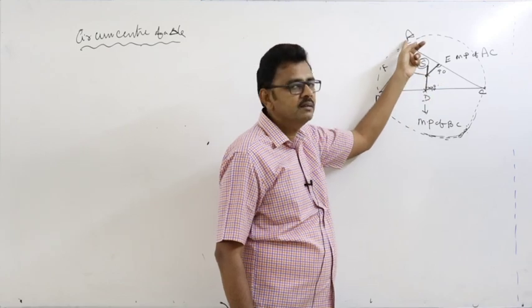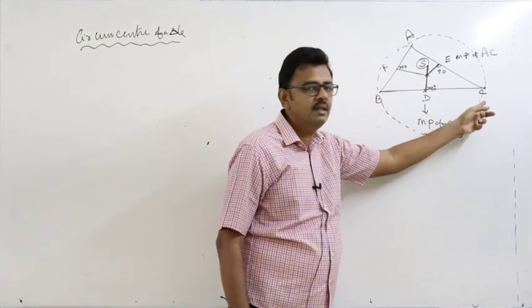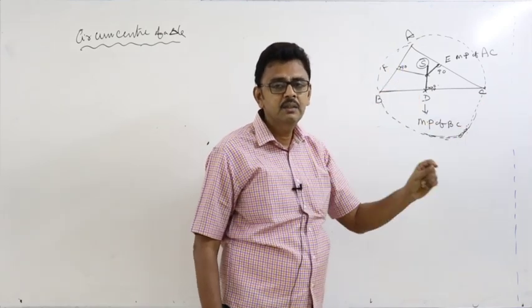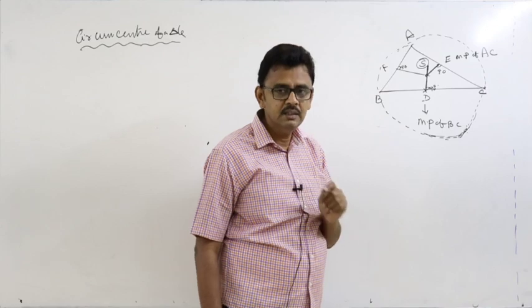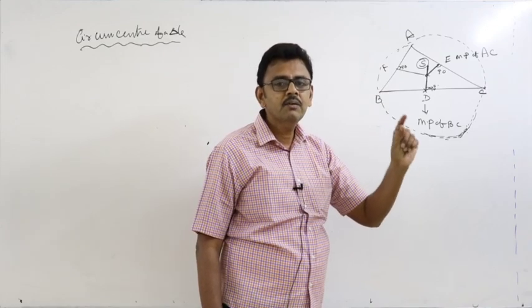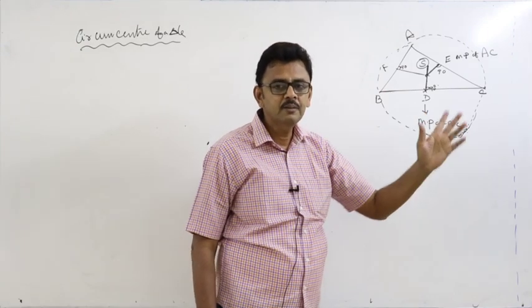What is SA? Radius. What is SB? Radius. What is SC? Radius. That means SA is equal to SB is equal to SC. That is, the circumcenter is equidistant from the three vertices of a triangle.